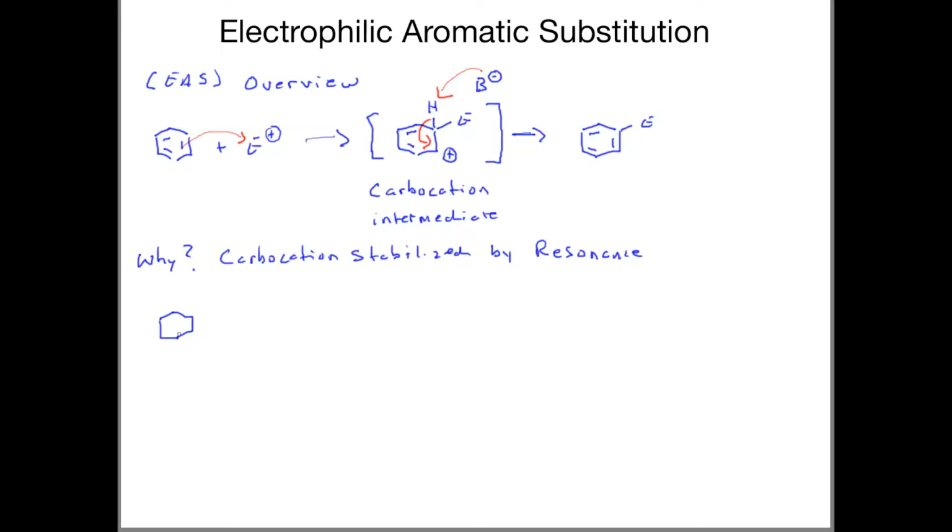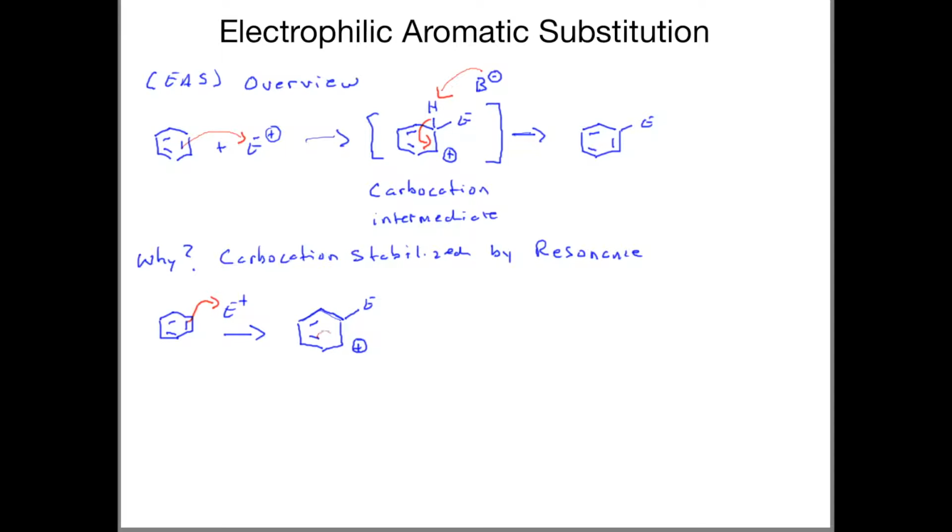If you notice, here we can draw an aromatic ring, and if I add this electrophile to it, as I mentioned above, we're going to generate a secondary carbocation that is allylic. So here is our rate determining step of this reaction, and we have now our secondary allylic carbocation.